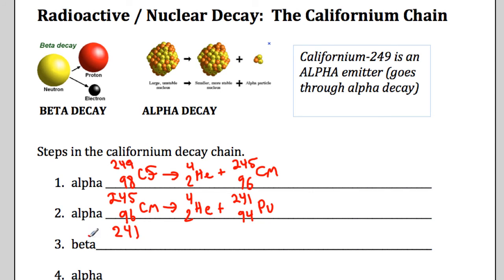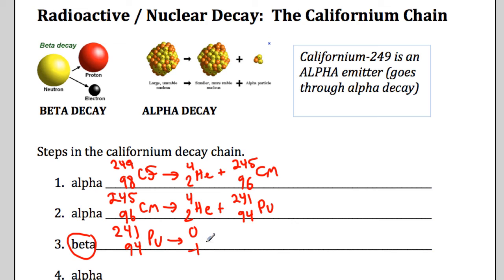Now the new element goes through a beta decay. So here's what a beta decay looks like. In a beta decay, a neutron falls apart, an electron gets ejected out, leaving behind a proton. That means the nucleus has 1 more proton than it had before. We write this like this. There's our beta particle.